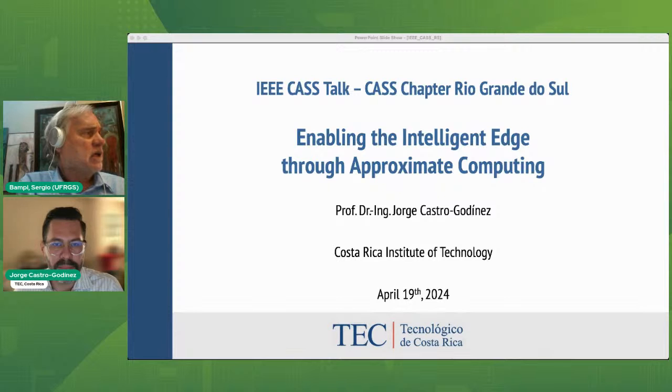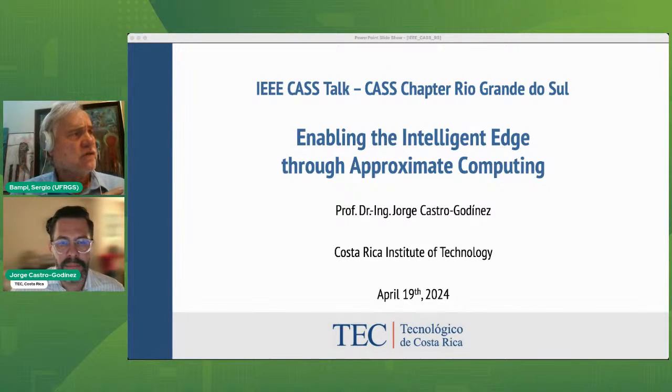Professor Jorge Castro-Godínez is currently an associate professor at the School of Electronics Engineering in Costa Rica at the Institute of Technology, TEC, also known by its acronym TEC, the Technological Institute of Costa Rica.